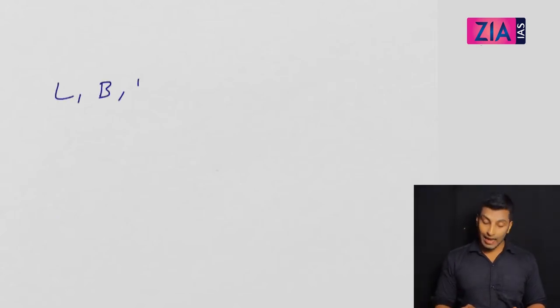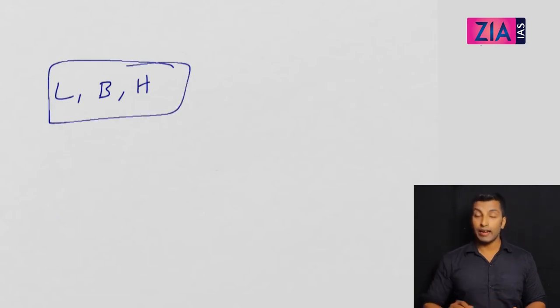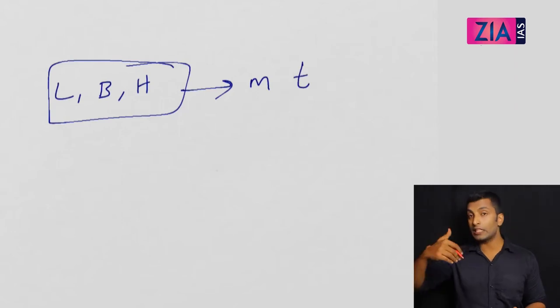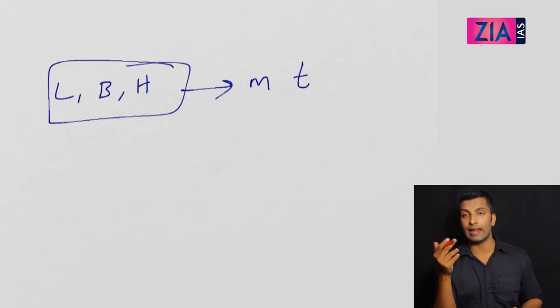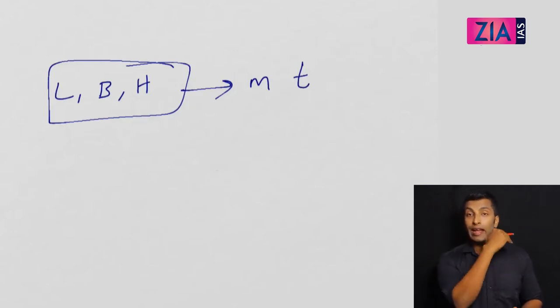You will get questions like building or constructing a wall, and you will get the length, breadth, and the height of the wall, and you will also get the number of men required and the time each person is working. So you'll get questions like 10 men are working 10 hours per day.